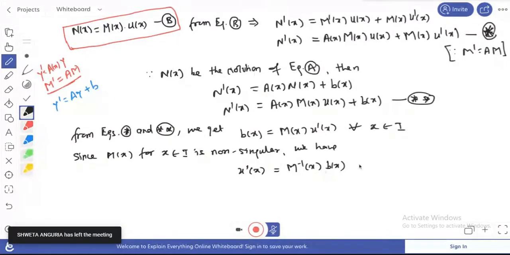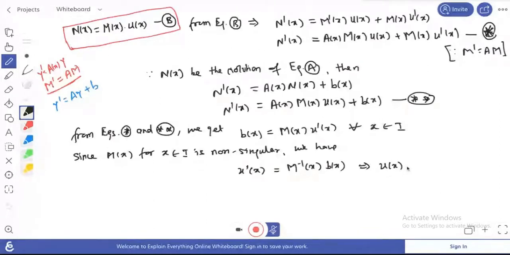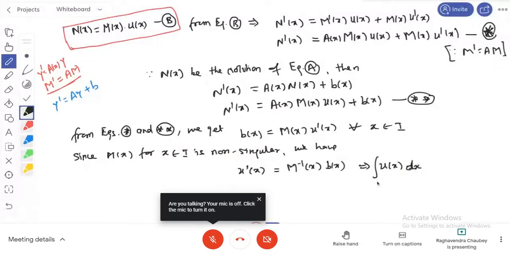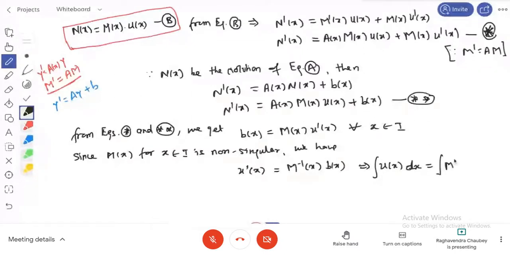So here we can write for the indefinite integral, if we integrate this over dx, we are not using the initial value problem now, so simply if you integrate this, it equals the integral of M inverse x Bx dx, integrating both sides.